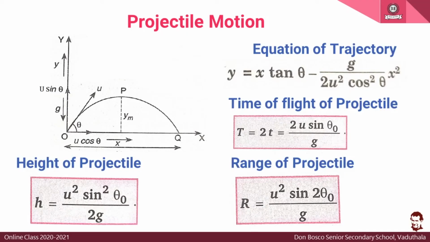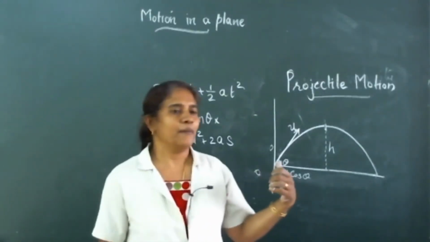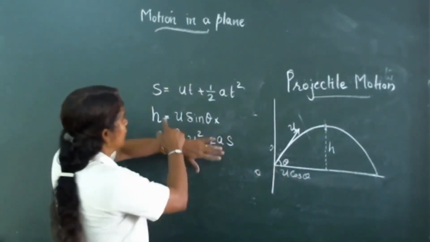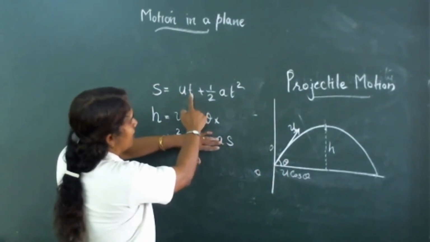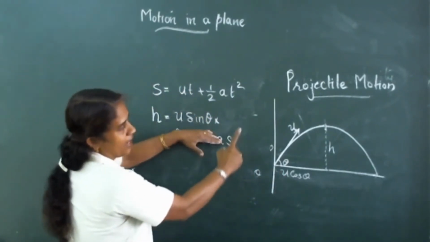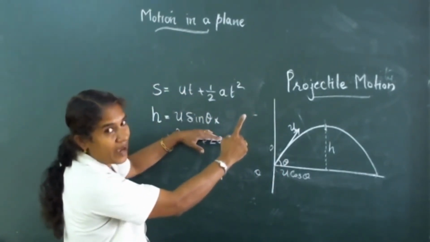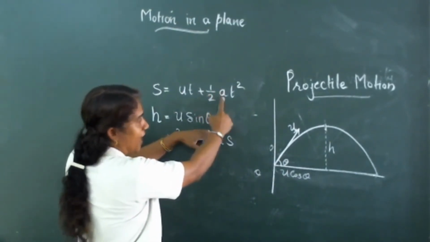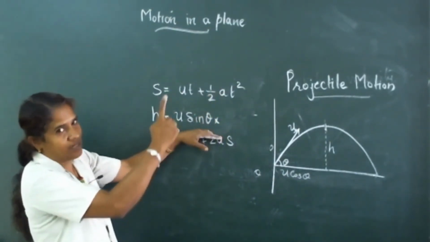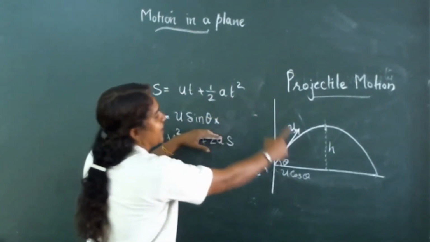Height, that is the expression we have started, but h is equal to u sin theta times time, the time taken to reach the maximum height, plus half a, acceleration in the negative direction, minus g, again t, the time of ascent.